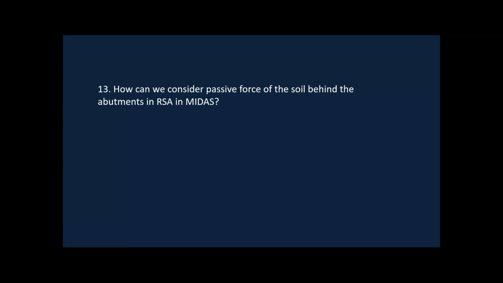In case of the passive forces, as one of our friends just mentioned in the previous question about the nonlinear properties for the abutment soil stiffness, these forces can be considered in terms of the soil stiffness. So we can model the entire soil with the help of point springs and then utilize these springs to consider the passive forces coming onto the abutment.